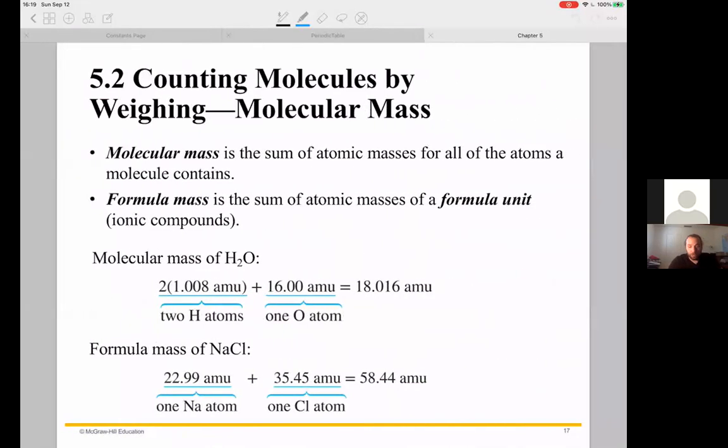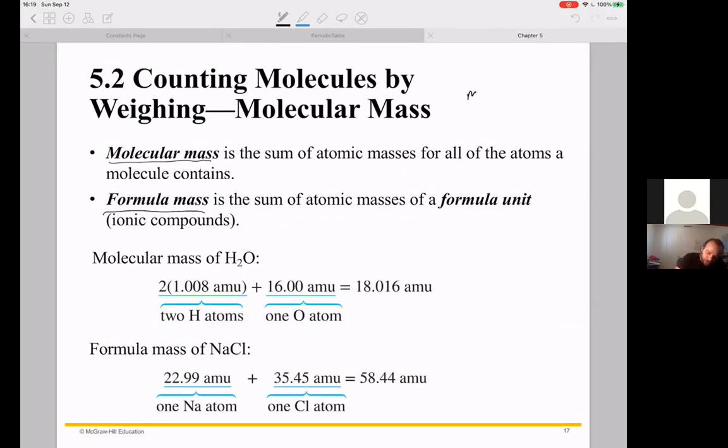Okay, actually pretty straightforward. First of all, there's some terminology that I don't really think is all that important. If you're talking about a covalent compound, it should be the molecular mass, whereas if you're talking about an ionic compound, it should be the formula mass. I think that this is dumb.